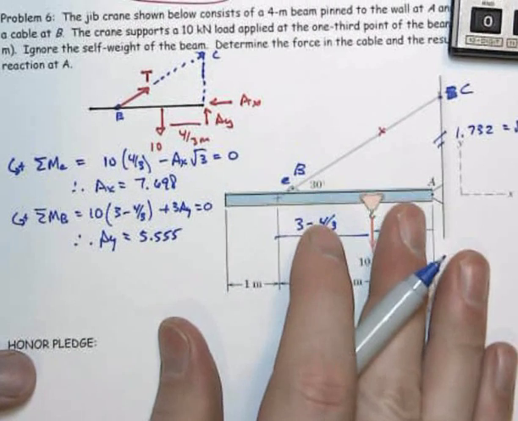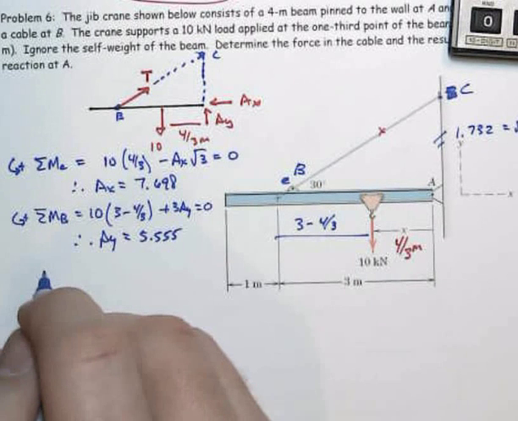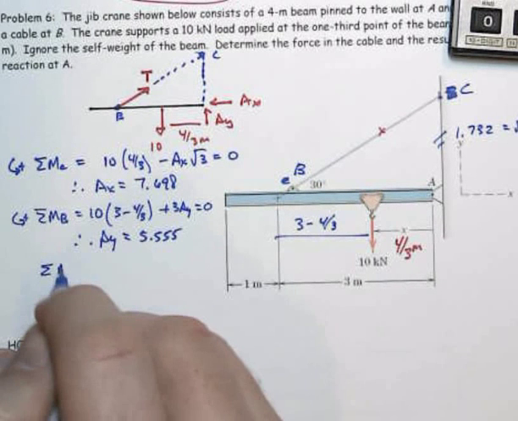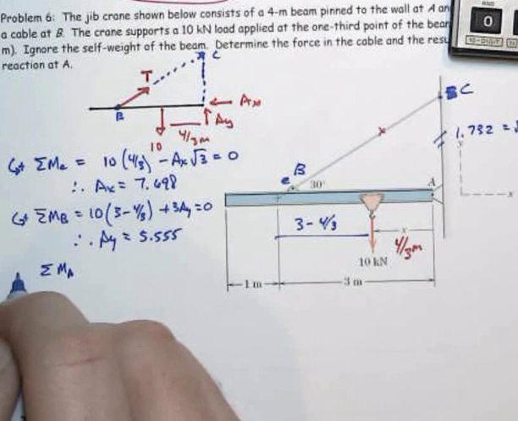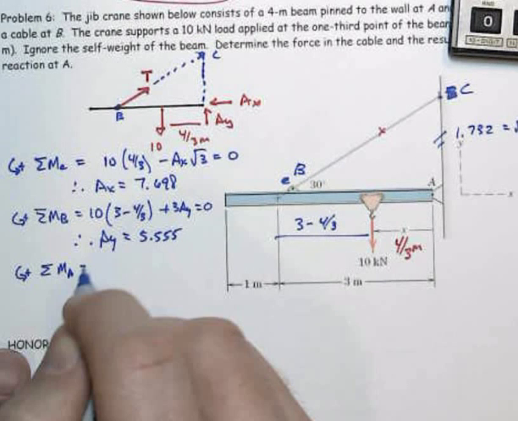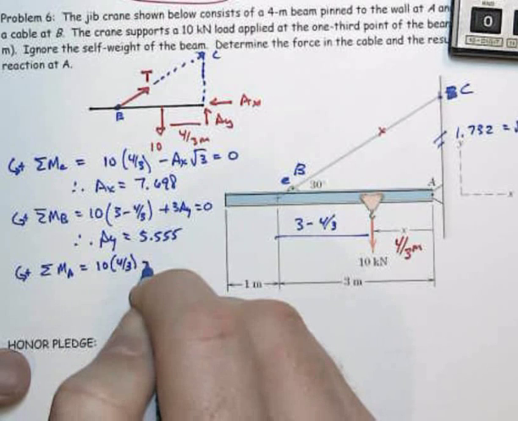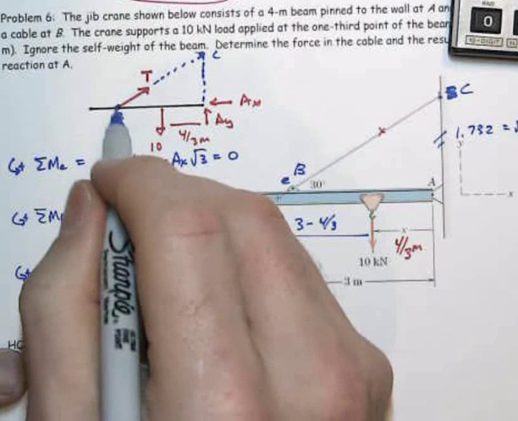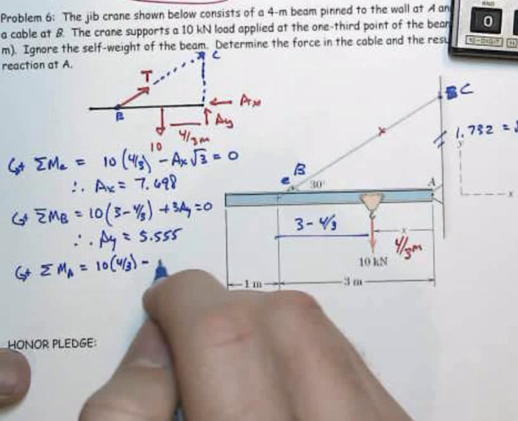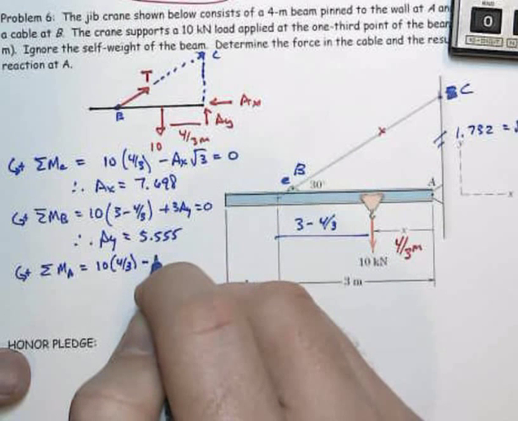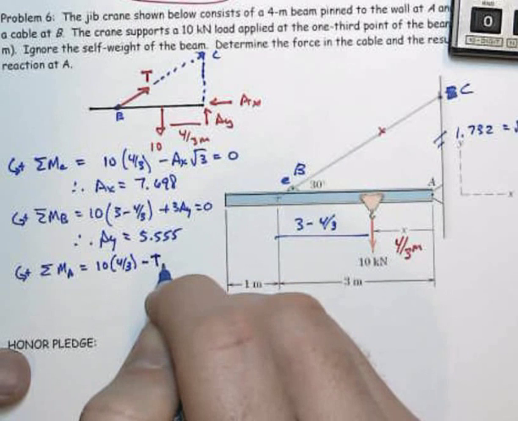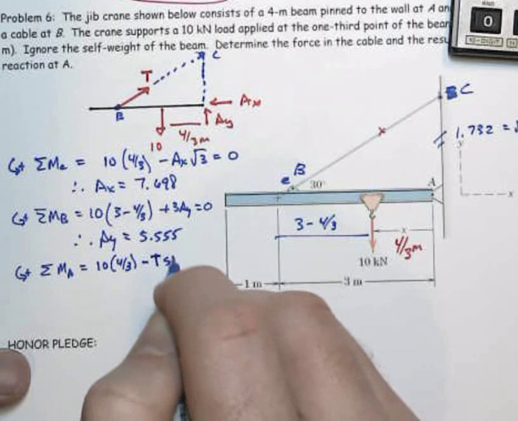Okay, and then that gives us 2 of them. We still need the cable force. I'm going to sum moments now about point A, and once again take counterclockwise positive for the heck of it. We'll get 10 times 4/3, and then minus, well, the x component of T goes right through the point, so I only need the y component of T, and that's going to be T times sine of 30.